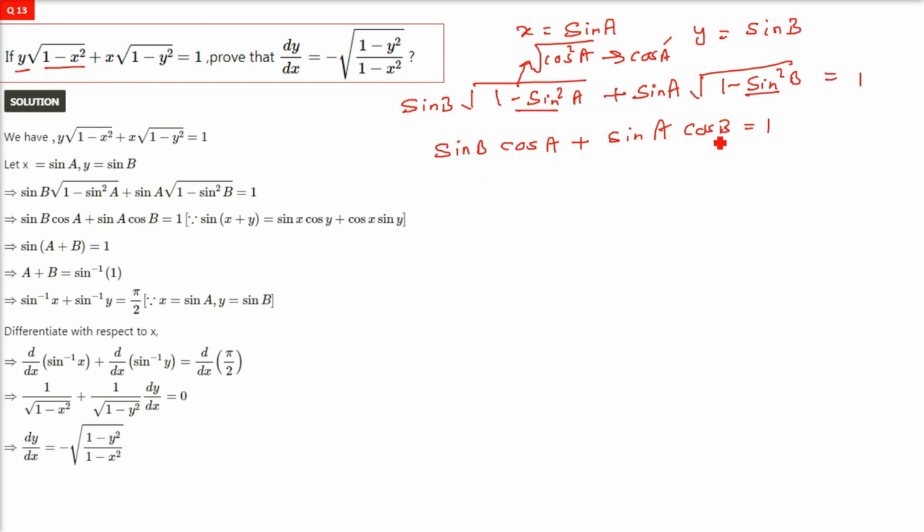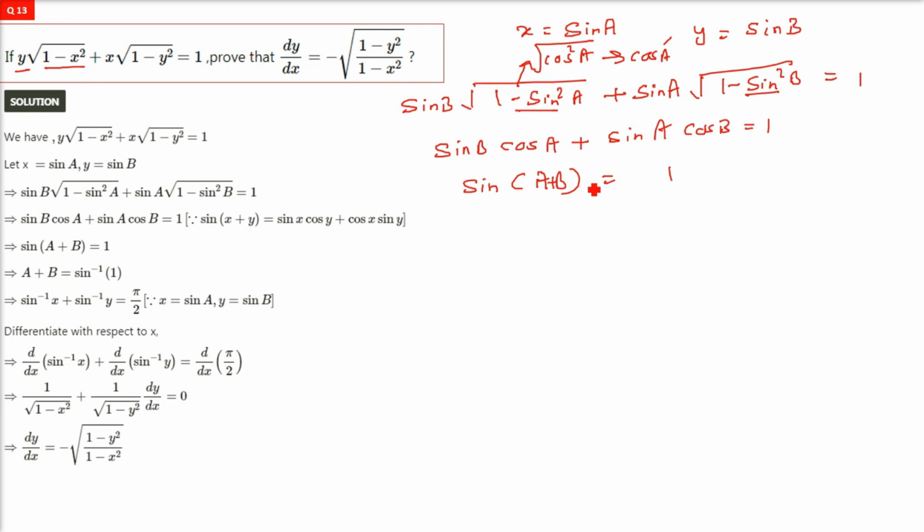So we have sine B cos A, or you can call it cos A sine B plus cos B sine A. In any way, it is going to be sine (A plus B). So A plus B, B plus A, whichever way you write, it is equal to 1.